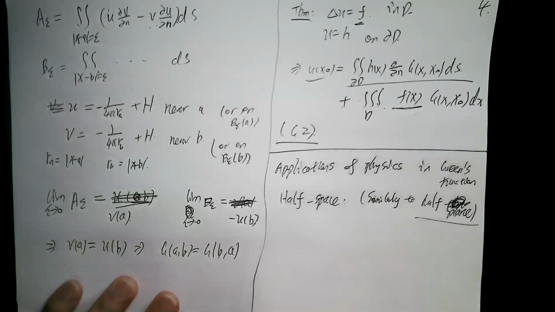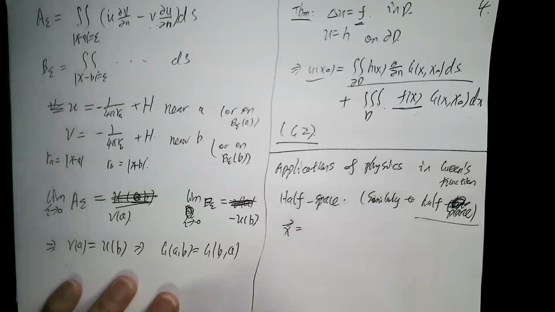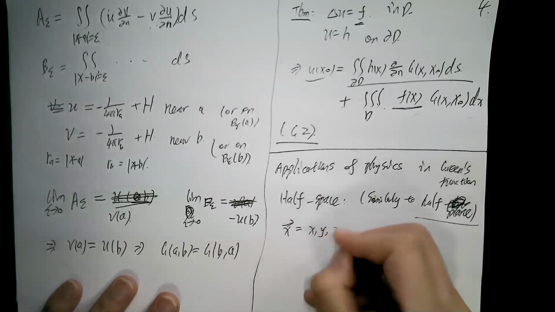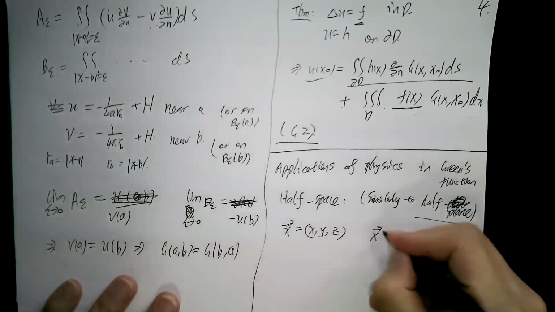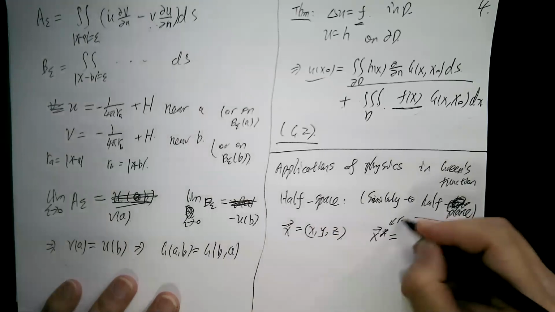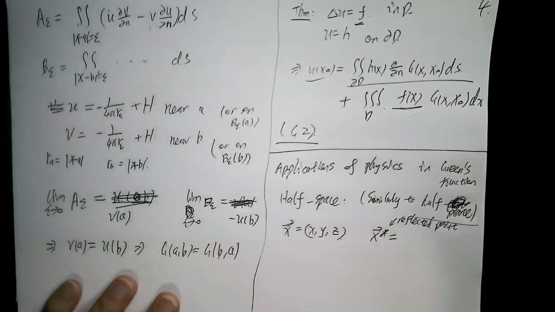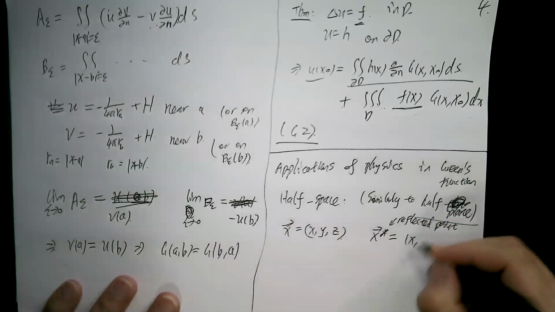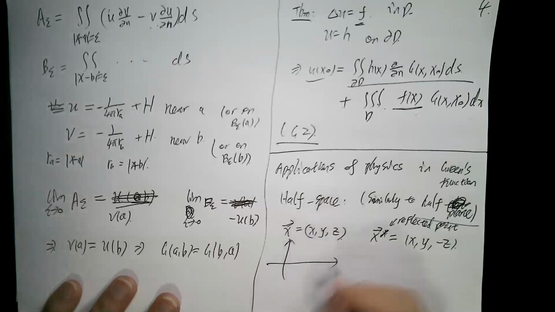For half space, let's introduce this notation. If you have a point (x, y, z), then the reflected point, let's name it x star, is just a name. The reflected point is (x, y, -z).